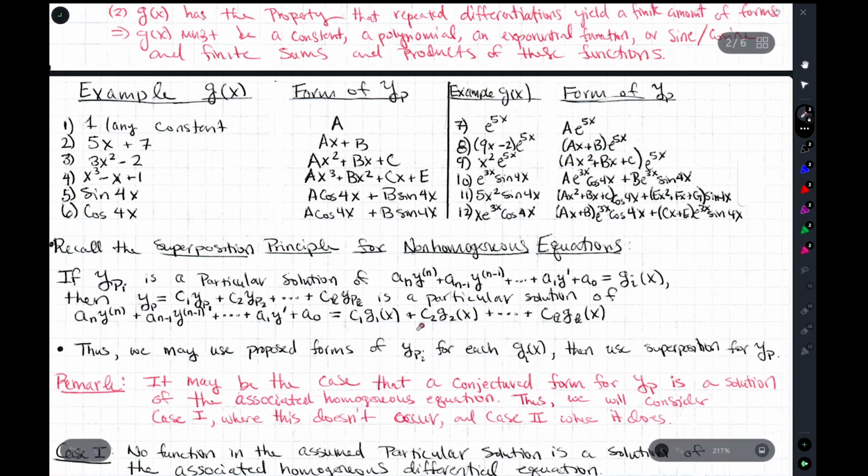Then what do we do? Well, let's remember the superposition principle for non-homogeneous equations that we've discussed when we were talking about the theory of linear equations.